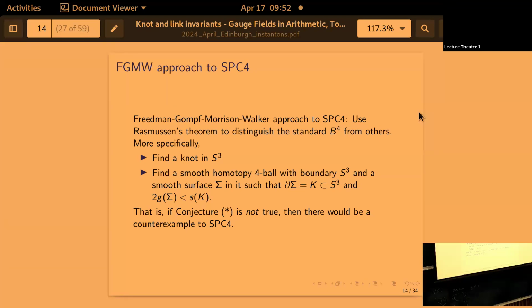I'll get more into this later, but it's not an unreasonable thing to think about, because you can combinatorially construct homotopy 4-balls. There are a whole bunch of papers with constructions of homotopy 4-balls that we don't actually know are diffeomorphic to the standard 4-ball or not.